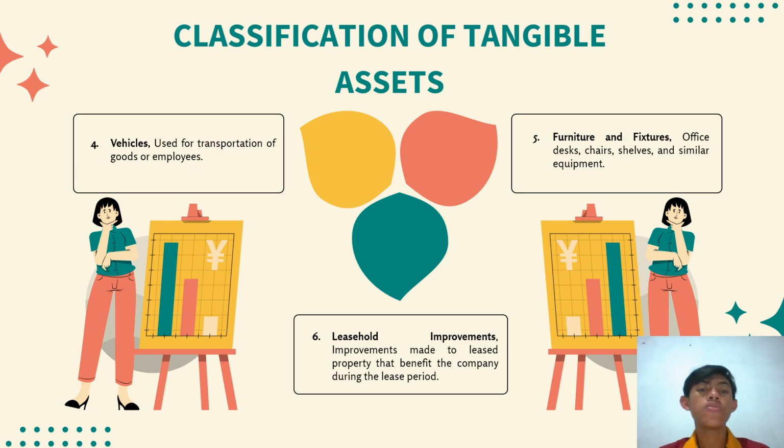Vehicle used for transportation of goods or employees. 5. Furniture and fixtures, office desks, chairs, shelves, and similar equipment. And 6. Leasehold improvement. Improvement made to leased property that benefit the company during the lease period.